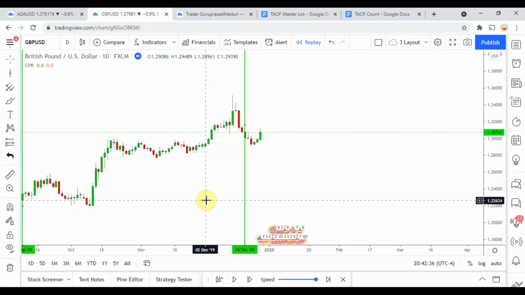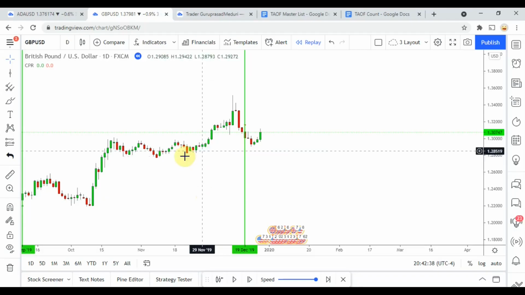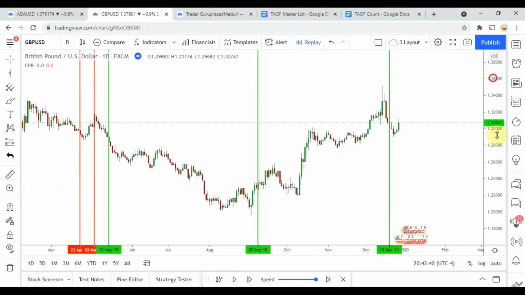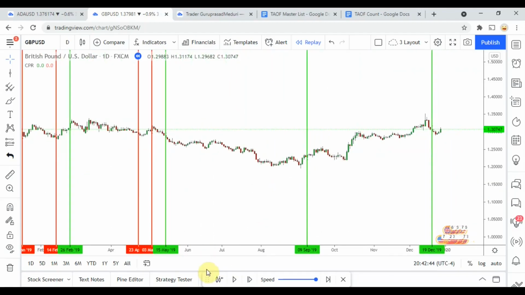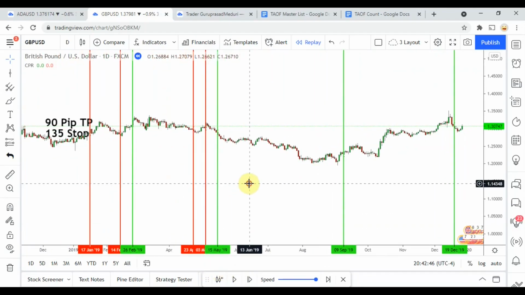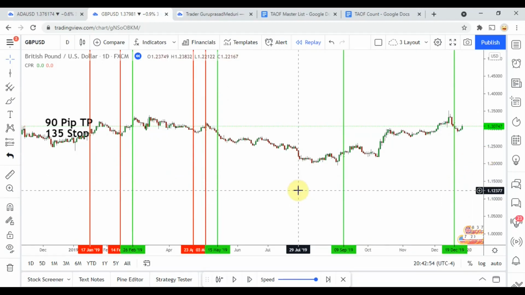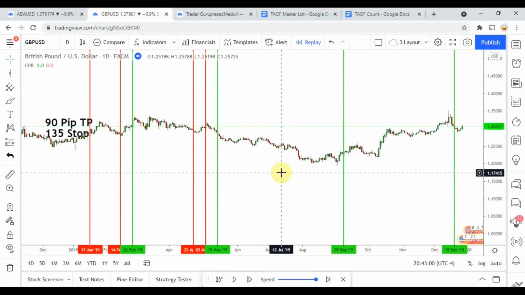All right, back to the indicator here. Let's get everything in focus here. Not too many trades on this one. Right about there. And we have 1, 2, 3, 4, 5, 6, 7, and 8. We have 8 trades all together, and we have 1, 2, 3, and 4.